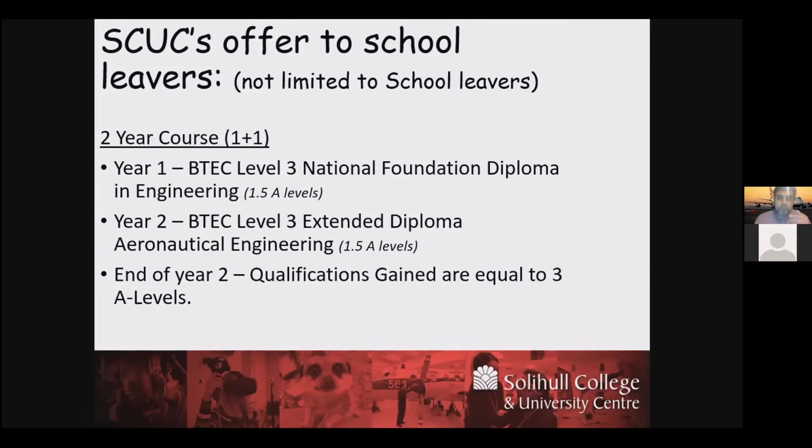So year 2 is all about aeronautical, all about aircraft, and all the modules will reflect that. And that is equal to 1.5 A levels as well. So by the end of year 2, the qualifications that you will gain will be equal to 3 A levels, which is the academic requirement if you wanted to go to university.